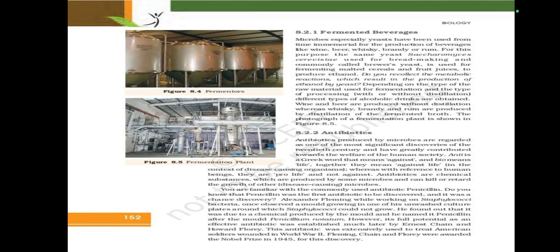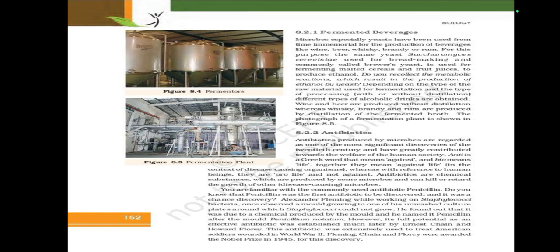8.2.2 Antibiotics. Antibiotics produced by microbes are regarded as one of the most significant discoveries of the 20th century and have greatly contributed towards the welfare of human society. The Greek word anti means against, and bio means life. In the context of disease causing organisms they are against life, whereas with reference to human beings they are pro life.